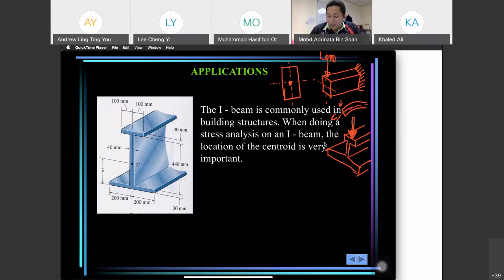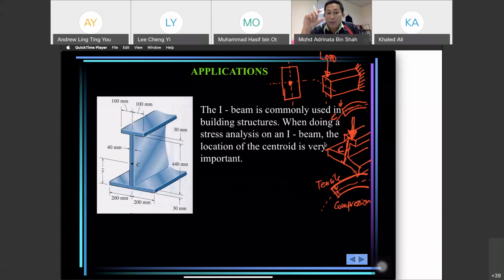So the center, the natural axis, is not at the center for the whole height of the body. It is not at the center. So we need to find where the center of gravity is, so that we can determine the tension up here and compression down here, up to what level?